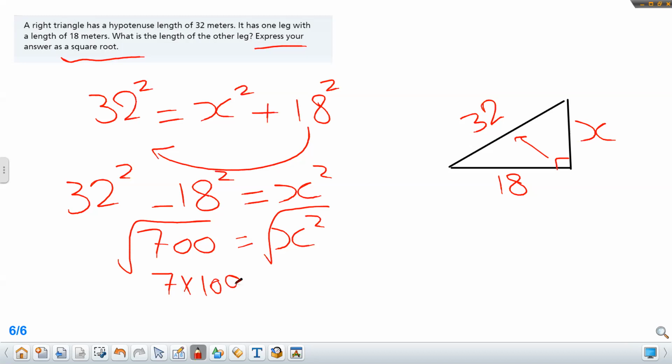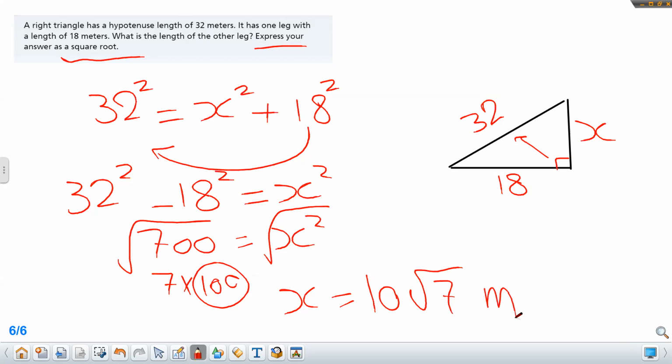Then you can take the square root of 100 and leave 7 inside the square root because 7 has no square roots. So x equals, what's the square root of 100? Yes, good, 10 outside the root and 7 inside the root. Then now we can say the other leg is 10 root 7 meters.